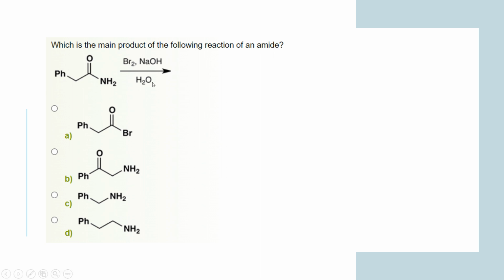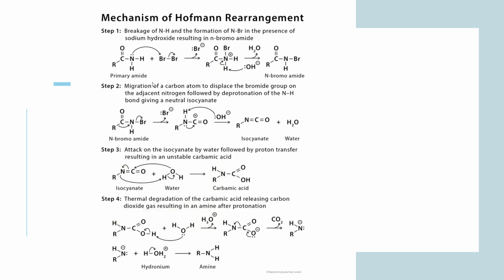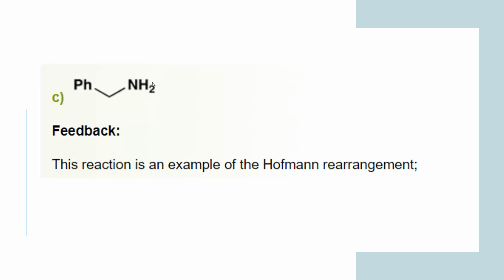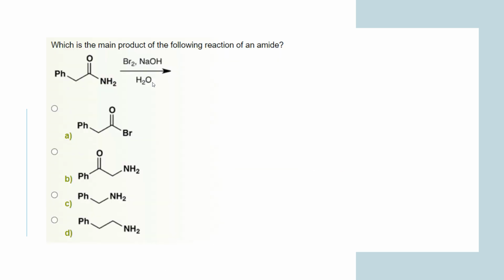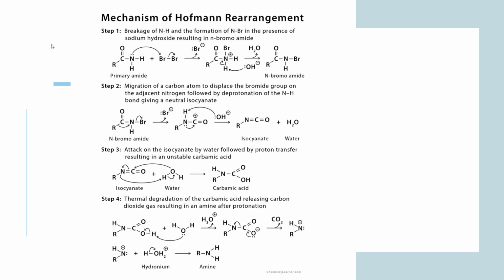In case of Hofmann rearrangement, we observe the formation of a product which is basically an amine with one carbon less than the substrate. So you can try out the mechanism of the reaction and you will see that this mechanism is going to give you option C as the final product. Just practice the mechanism and you will see option C will be formed following this mechanism of Hofmann rearrangement.